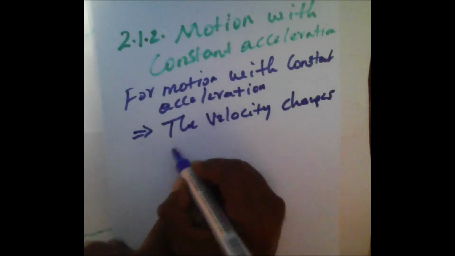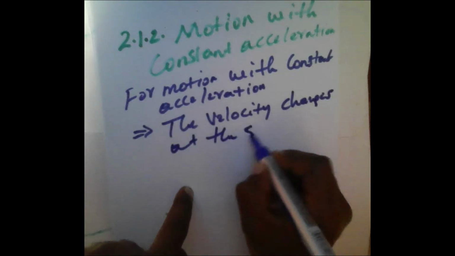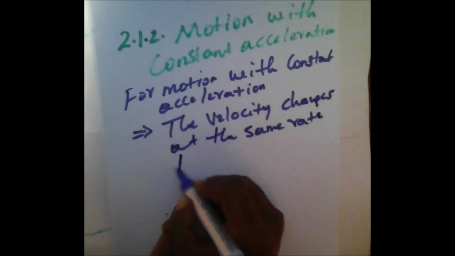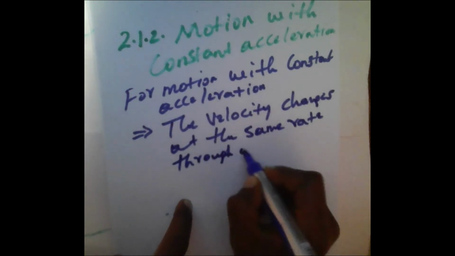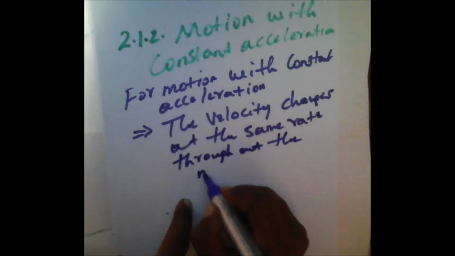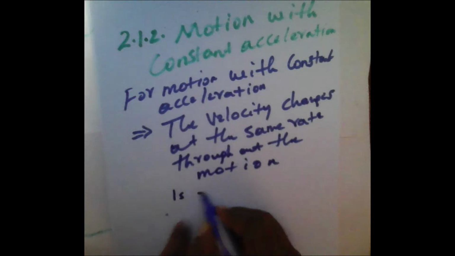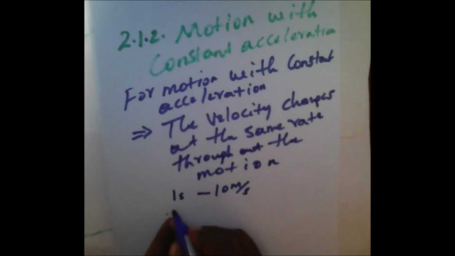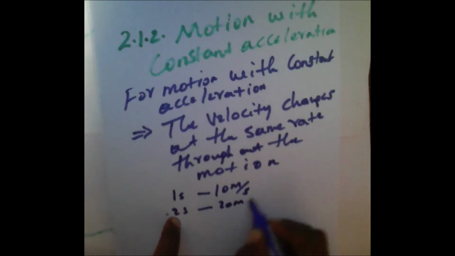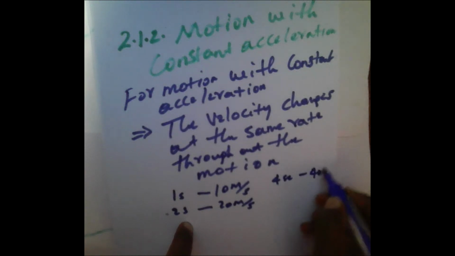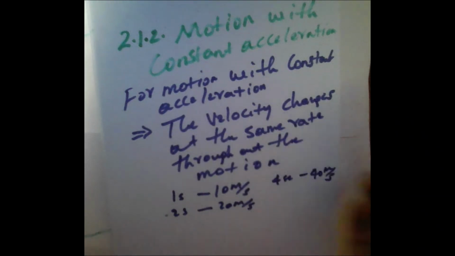The velocity changes at the same rate throughout the motion. This means that, for example, in 1 second it may be 10 meters per second, in 2 seconds it may be 20 meters per second, so you have to expect that at 4 seconds it should be 40 meters per second. This velocity change should be considered at the same rate for motion with constant acceleration.